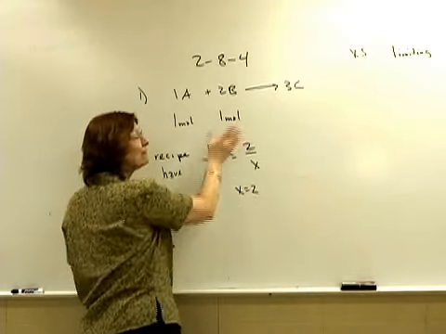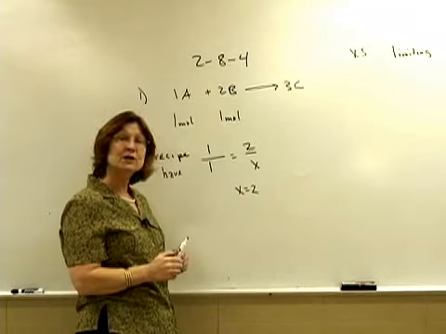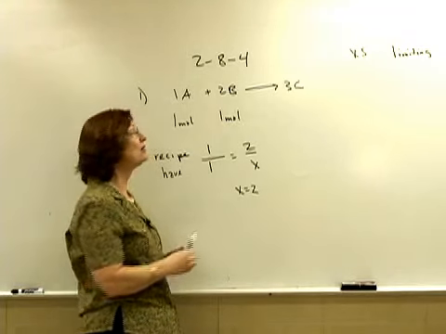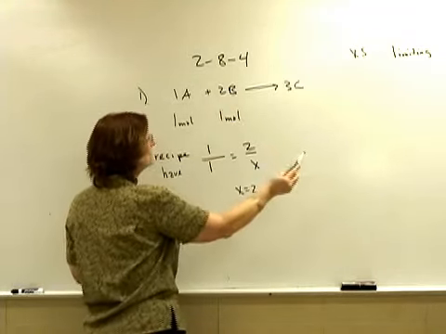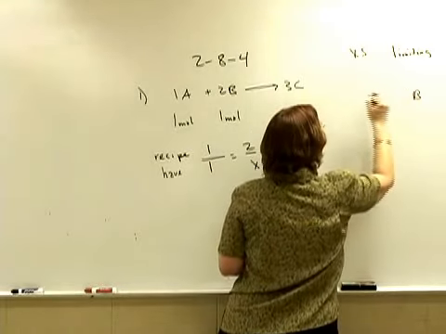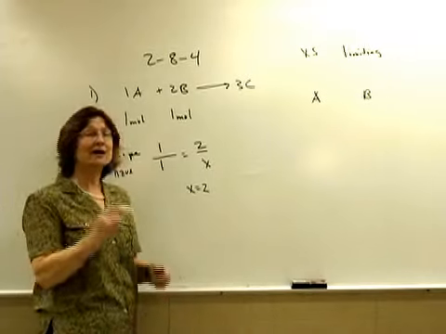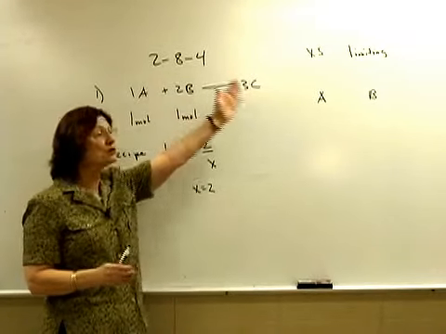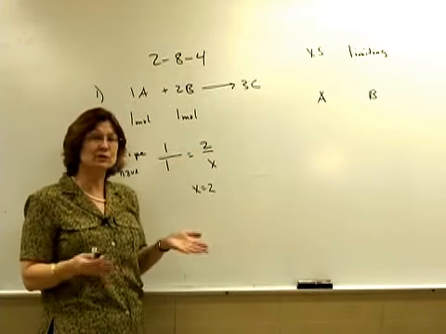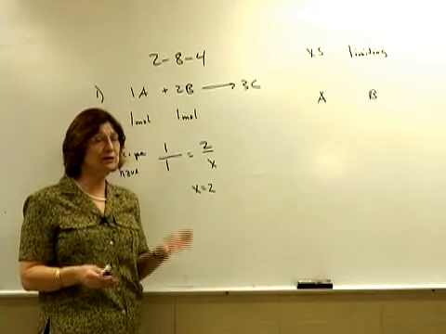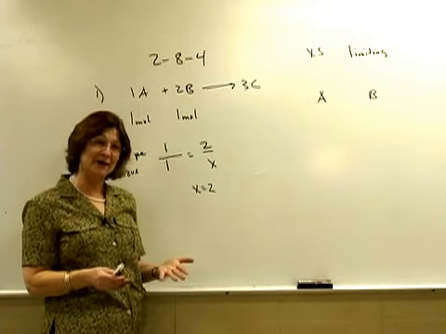However, I only have 1 mole and not 2 moles. So I'm going to run out of B. So B is going to be my limiting, and A will be in excess. And whenever I do mathematical calculations to determine how much is produced, I always have to use what's going to run out, because that is what is going to stop the reaction from happening.